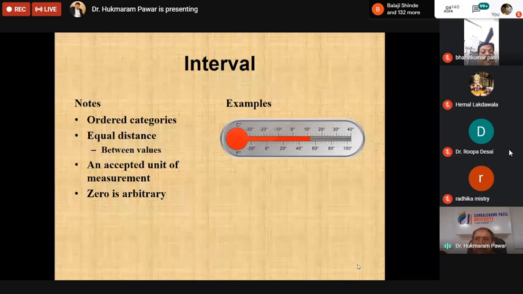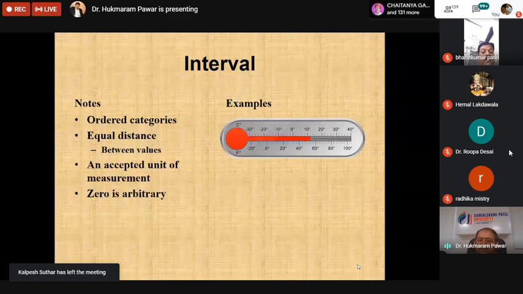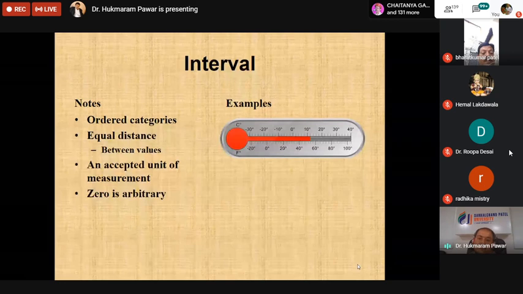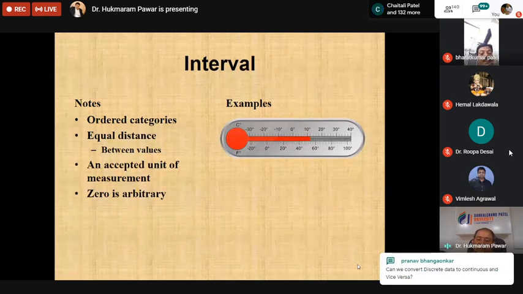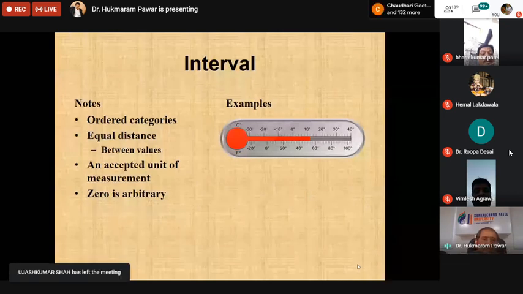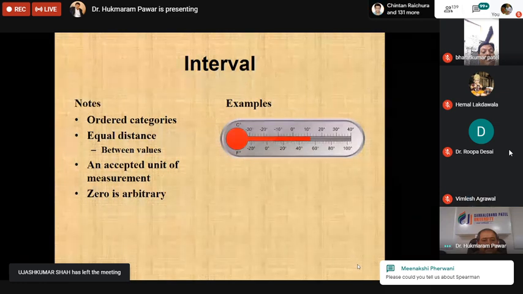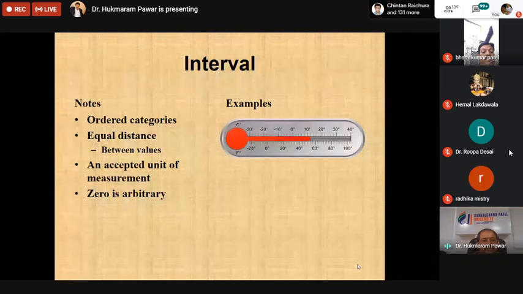And interval data has all the characteristics and all the possible measures that we use in nominal and ordinal. That's why I said that interval data is more powerful than nominal and ordinal. How do we identify it? Equal distance between the values, and an accepted unit of measurement. And here also 0 is arbitrary.